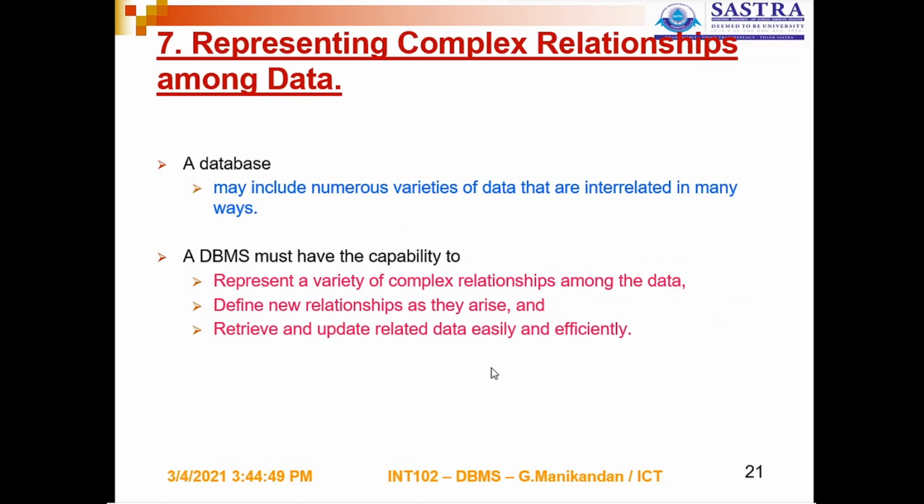This new field is going to have a relationship with some other existing field in your database. So the requirement from your database management system is that, without modifying the existing structure, it should provide support for adding new fields and adding new relationships to the existing tables. That is the idea behind representing complex relationships among the data.